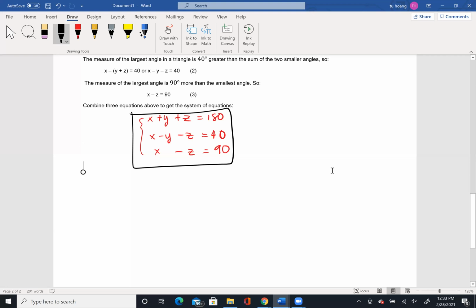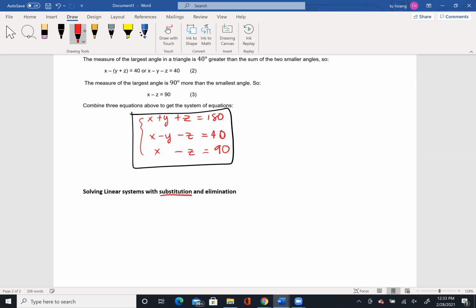Okay. So now I'm going to talk about solving linear systems with substitution and elimination. So remember that we have two methods to solve a linear system.